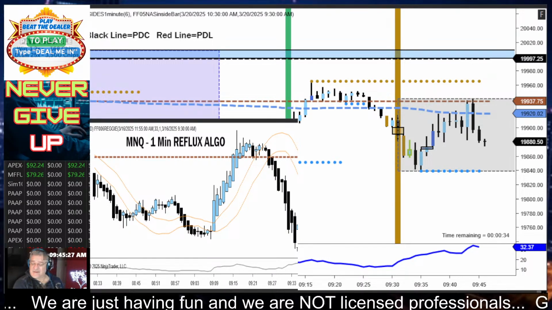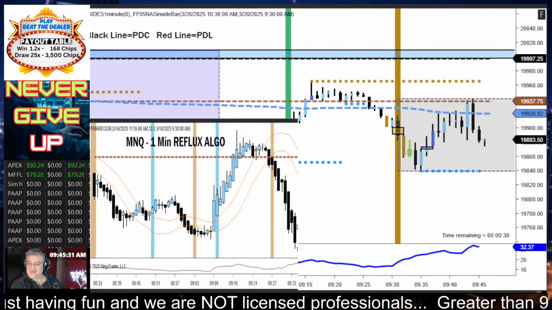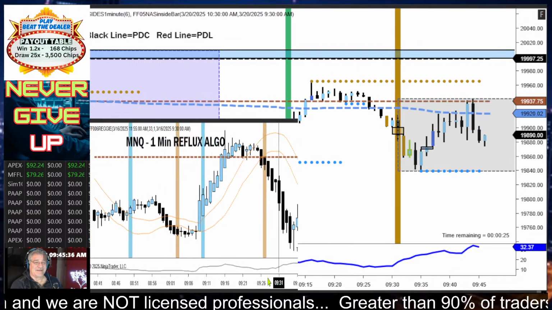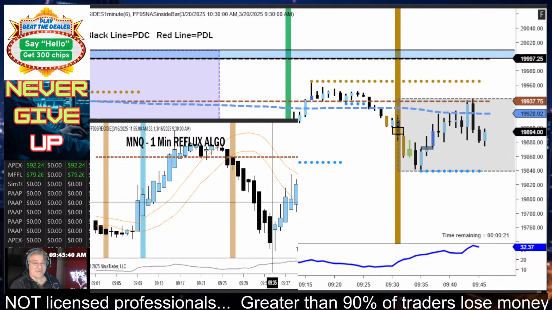So now we can get organized. I can load the reflux algo. Reflux. You know what reflux is? You guys know what reflux is?